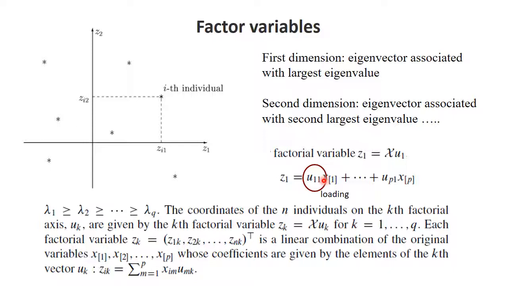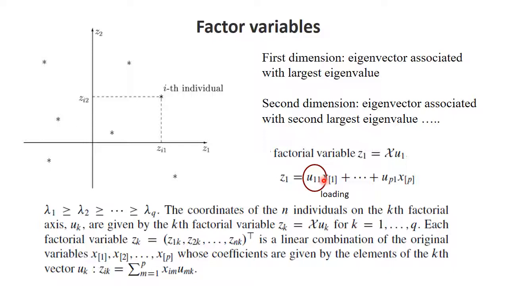Why, for example, do we see in one particular factorial variable a very large loading for a variable and a much lesser loading, say 0, in another factorial variable? Then we can start associating factorial variables with some sort of interpretations and processes that are happening in our data set, or that have created our data set.